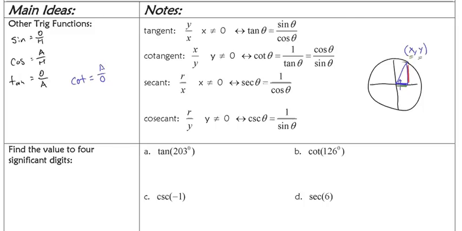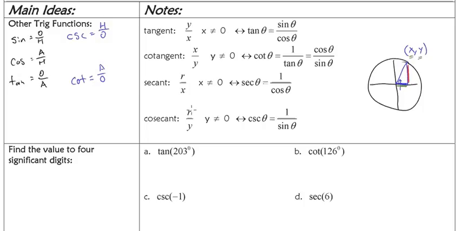All right. The reciprocal from sine is the cosecant. So CSC, the cosecant, is going to be the hypotenuse divided by the opposite side, or as you see over here, the radius divided by the y value. This will give us the same thing, because the y value here is our sine, that's our opposite side from the reference angle, divided by the hypotenuse here, which is the radius of our unit circle.